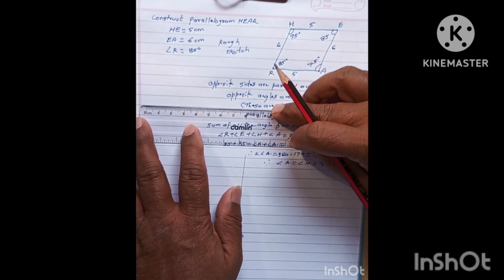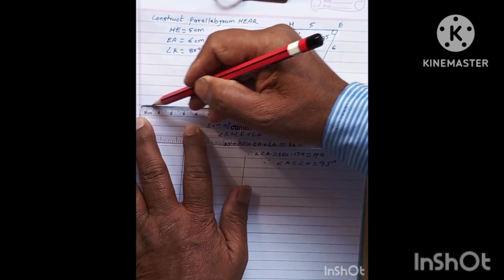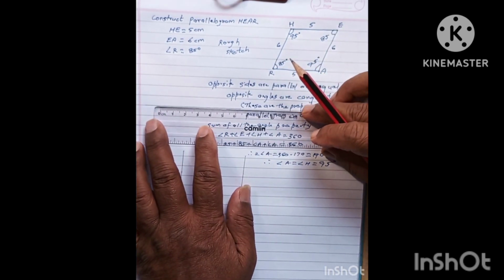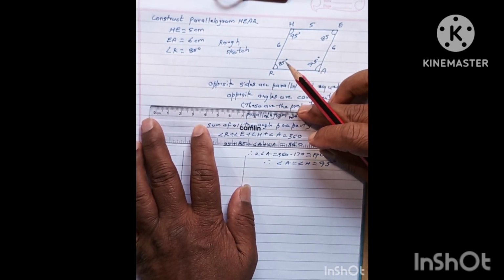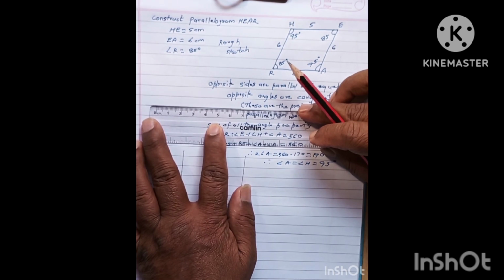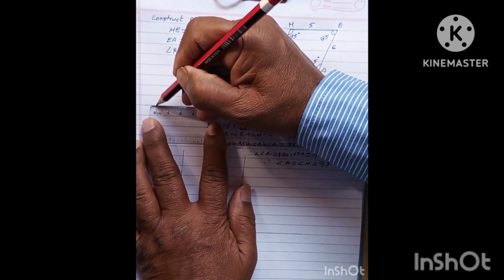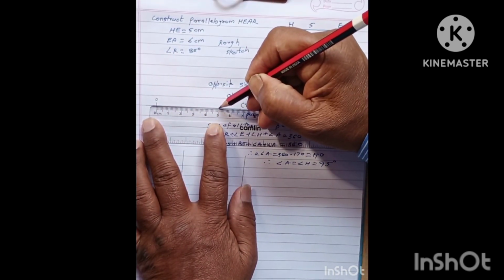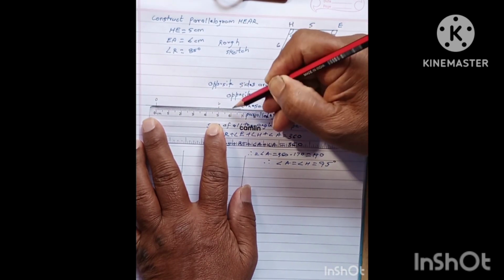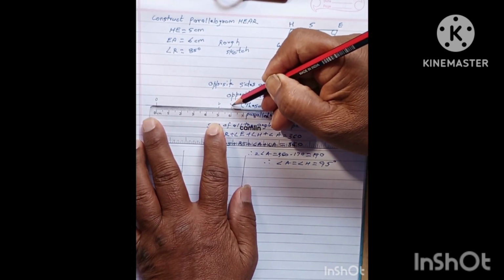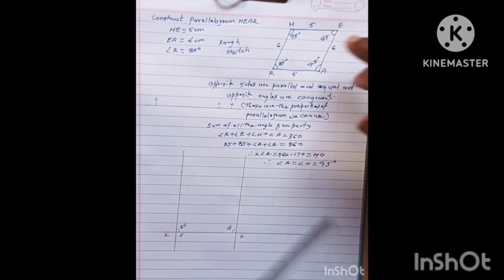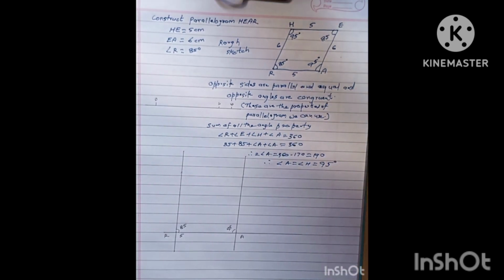You should always follow these rules, because that is the way you should do a geometrical construction. This is 0 and this is 5 and this is 6. I think we will not need 5, but we have taken it, you need it for some other purpose. I will tell you afterwards.